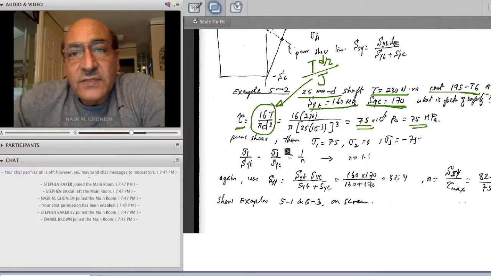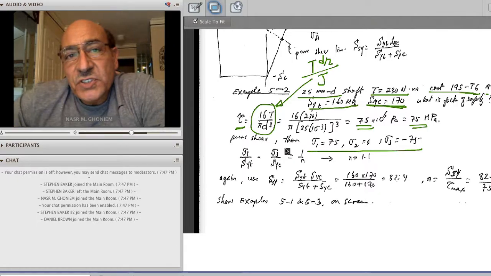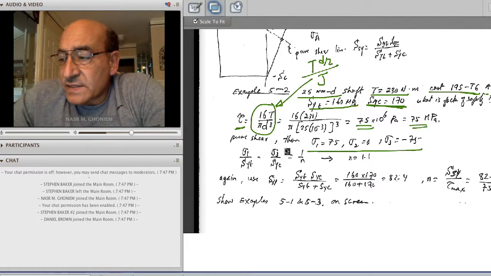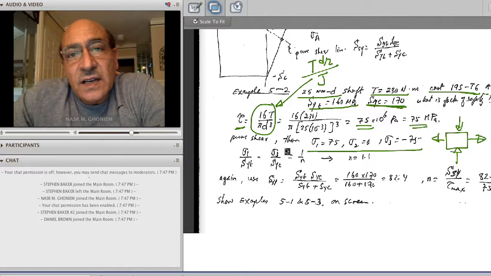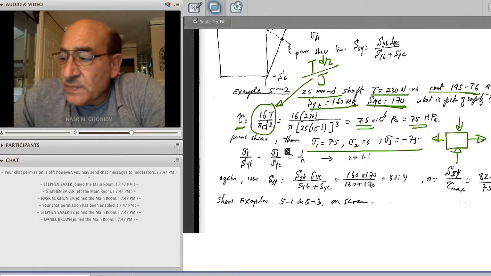So if you are in a hurry and you don't want to do stress transformations, then you have to know this bit of information that pure shear is equivalent to biaxial. As we know, if you have biaxial, you have one stress here and then one stress of exactly the same magnitude, but in the other direction.